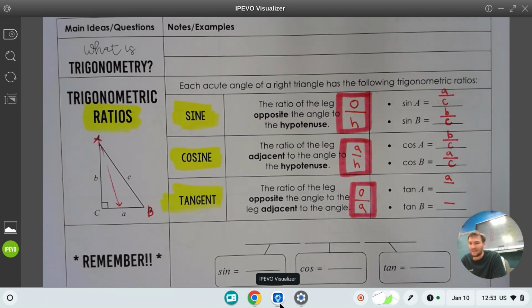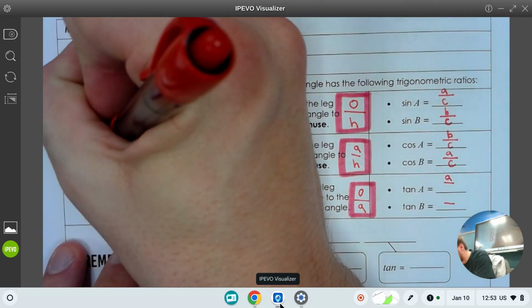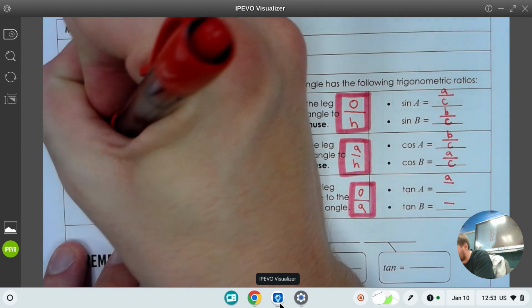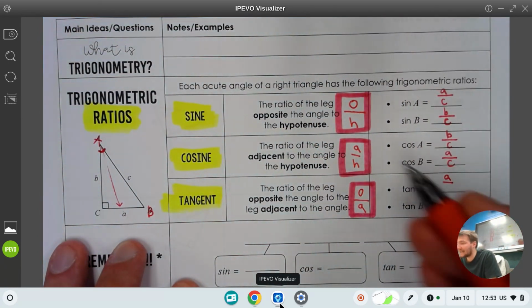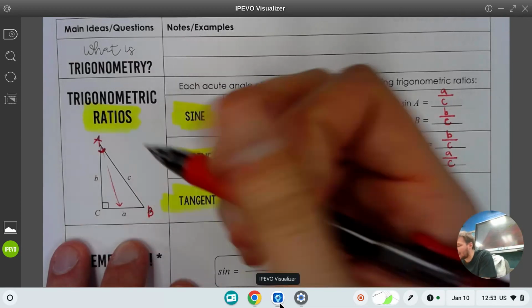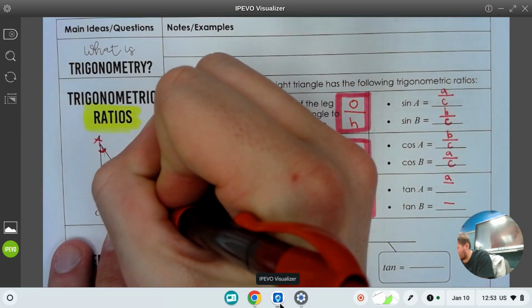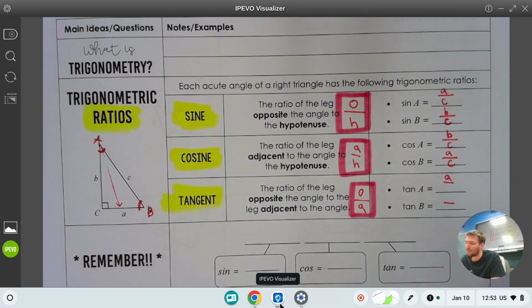It can get messed up because you're standing at an angle and not on one of the sides. So where it says tangent A, you're standing at this angle A. When it says tangent B, you're going to be standing at that angle B. You're always standing at the angles.